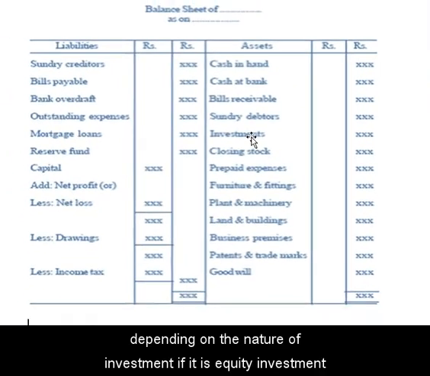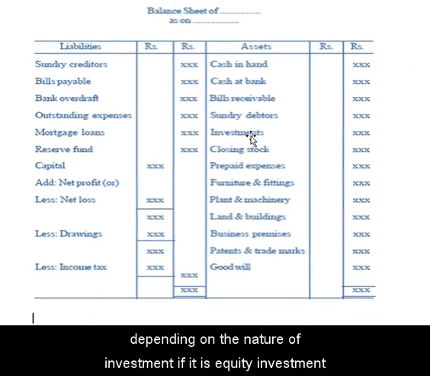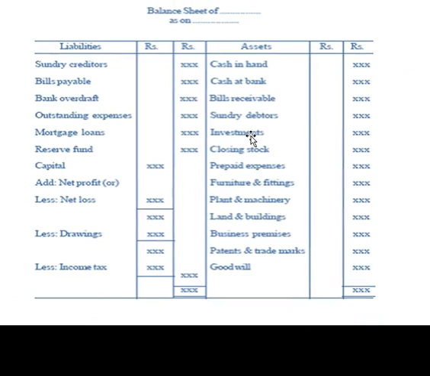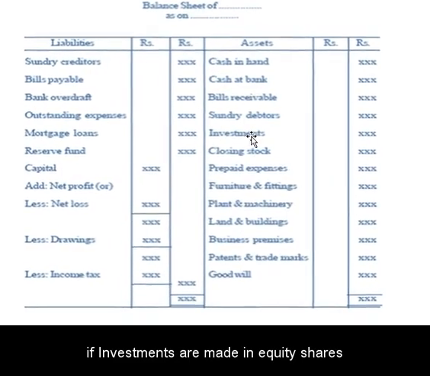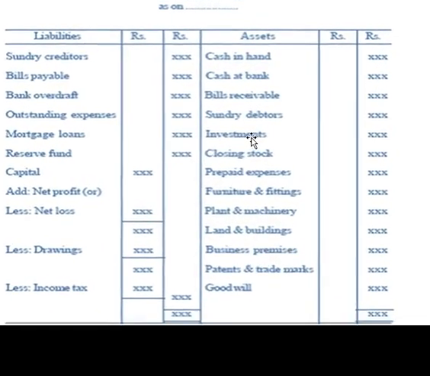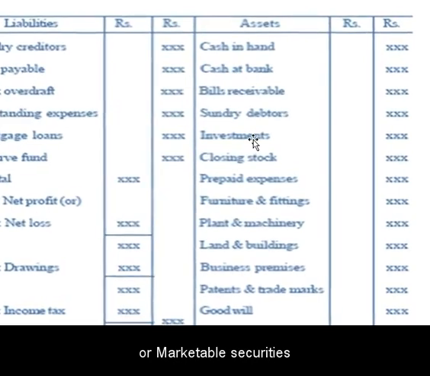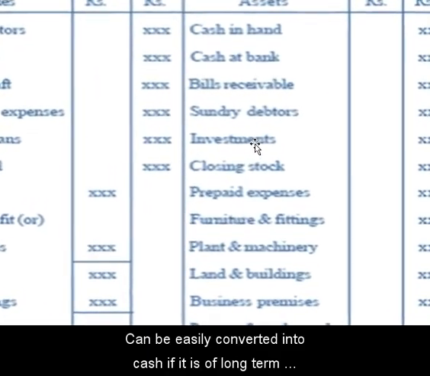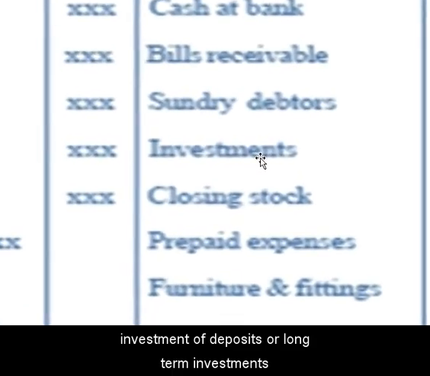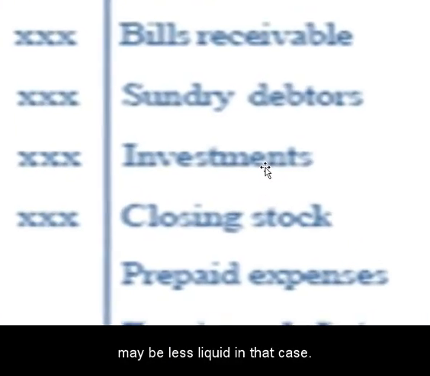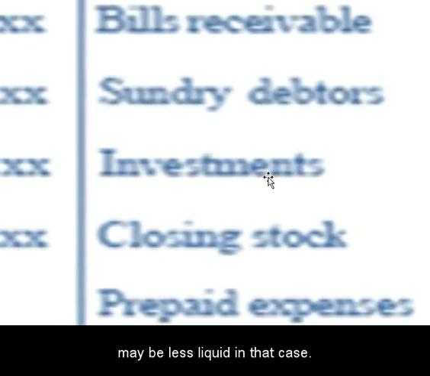Investments, depending upon the nature of investment: if it is equity investment, anytime you can come out of the market. If investments are made in equity shares or marketable securities, they can be easily converted into cash. If it is long-term deposits or long-term investments, it is less liquid in that case.